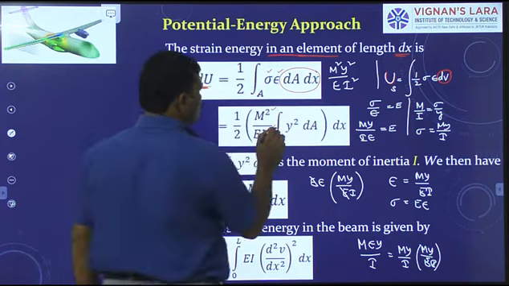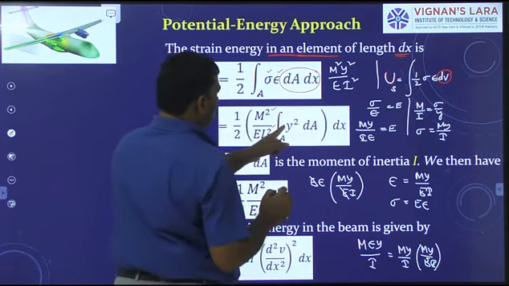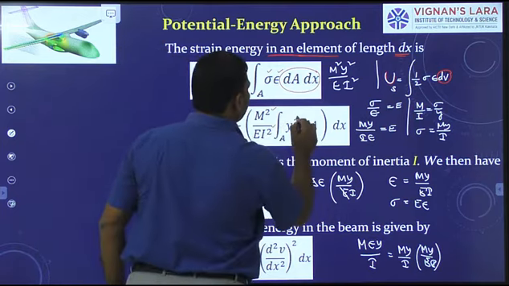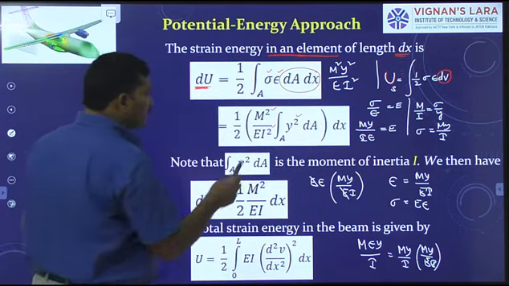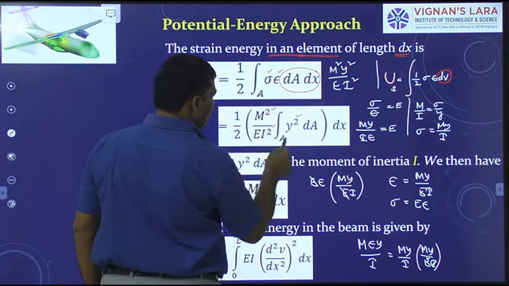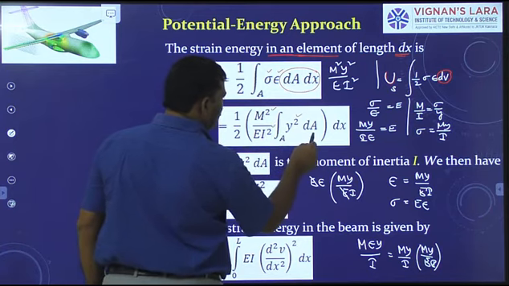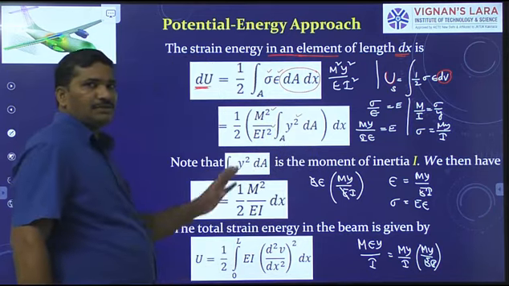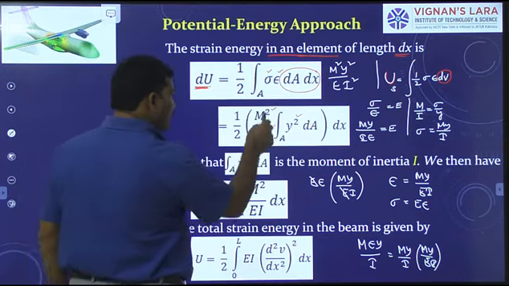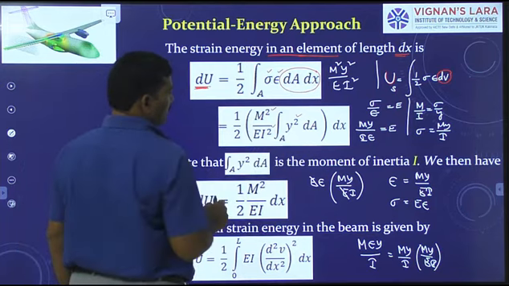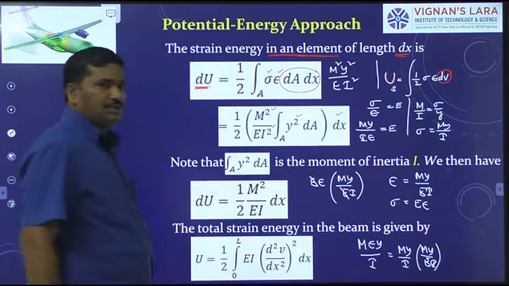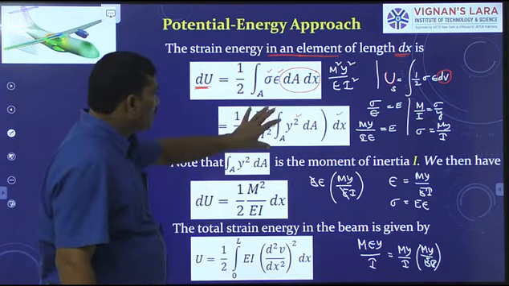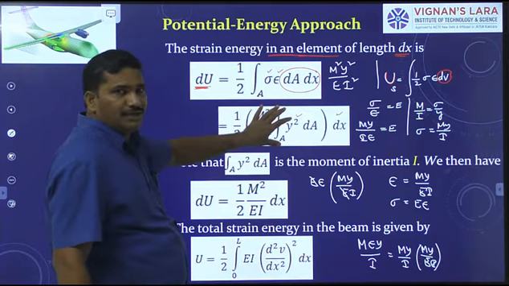Now y square we have y square into dA, so here you have to integrate y square with respect to the area of the cross section. So the integral over the area of the section, y square dA into dx. I hope now you understand how this is obtained.